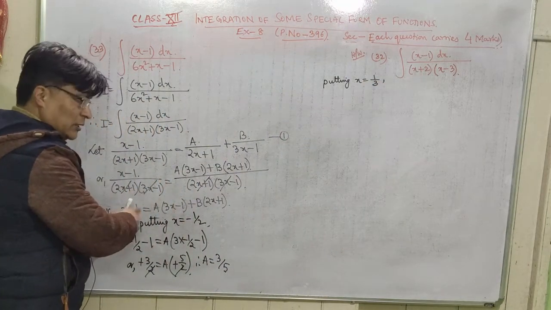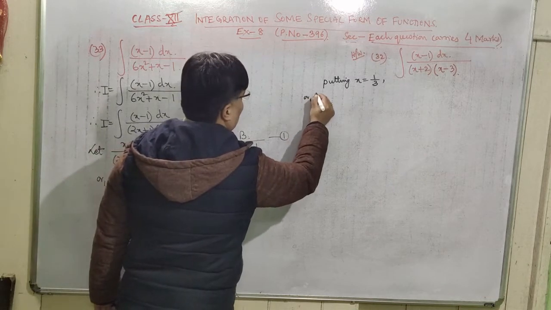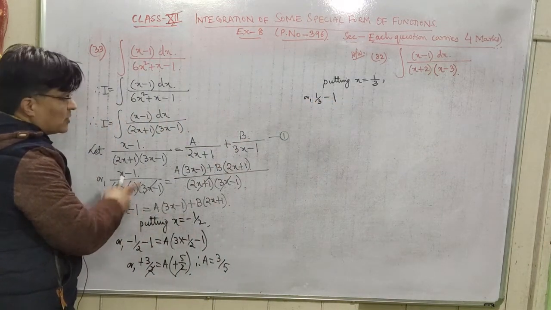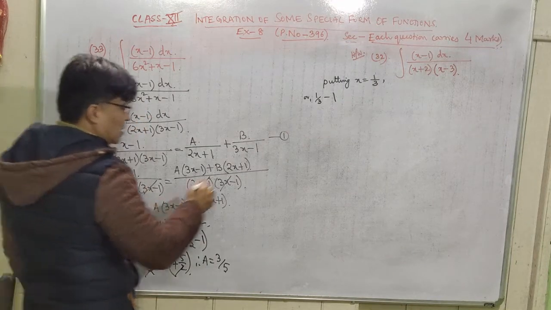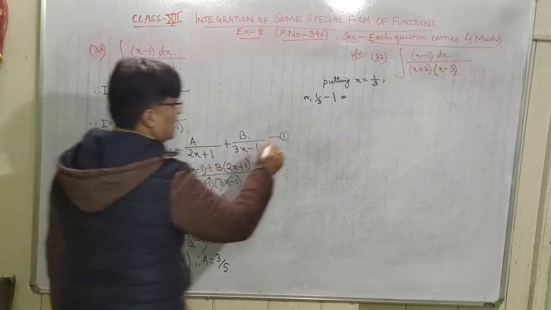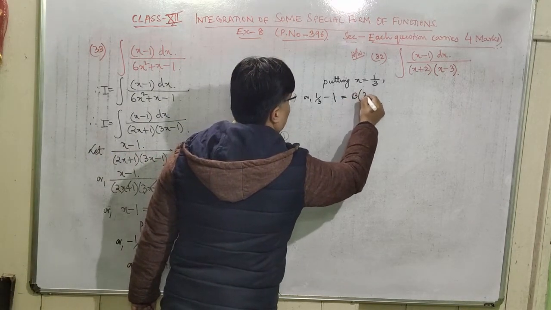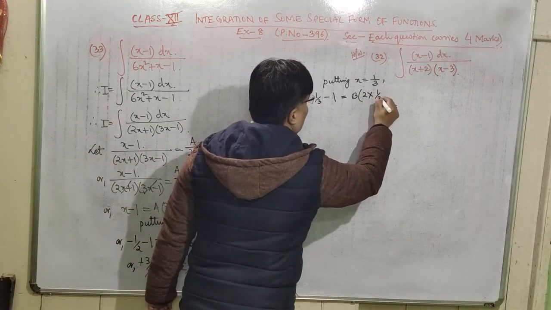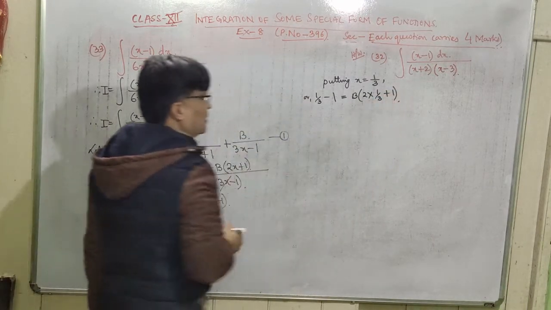So let us put it out here: 1 upon 3 minus 1, because there is x minus 1, the value for x is 1/3, minus 1 is equal to this first term is 0 plus B into 2 into 1 upon 3, then it is plus 1, right?